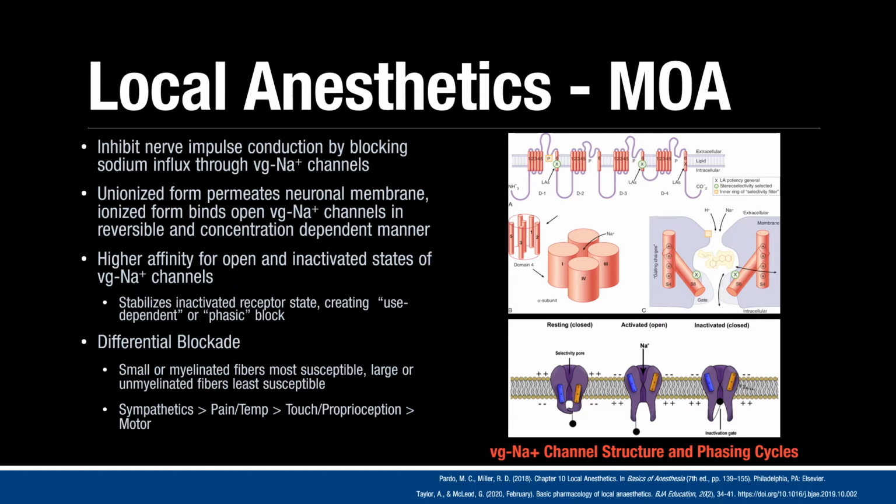The differential blockade phenomenon results in sympathetic fibers being blocked first, followed by pain and temperature sensation, then touch and proprioception, and finally motor function. When the fibers recover from local anesthetic blockade, they do so in the reverse manner. So patients will regain motor function first, followed by touch and proprioception, pain and temperature, and then lastly sympathetic function.